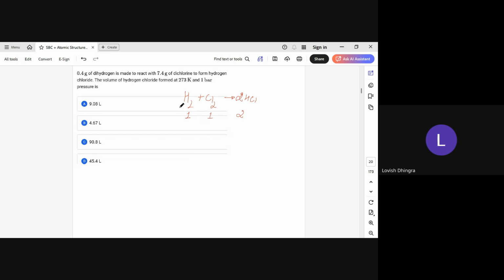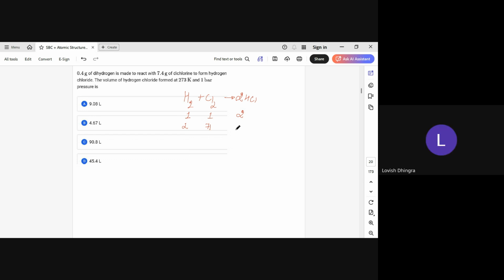Okay, in 1 mole of H2, how many grams do we have? What is the weight? 2, yes. And of Cl2 we have? 71, yes. And for HCl? 36.5, that is for 1 mole.